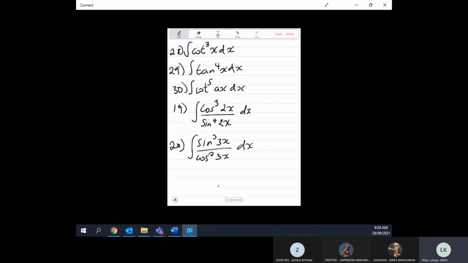Number 19 and 20, they don't look like they fit in with these questions, but they are actually in line with what we are doing, because we're looking at tan and cot. Maybe what you should do with number 19 and 20, rewrite them in terms of tan and cot. And even if you have cosec there, you have cosec and cot multiplying. We've been working with questions like that. So you should be able to figure that one out.